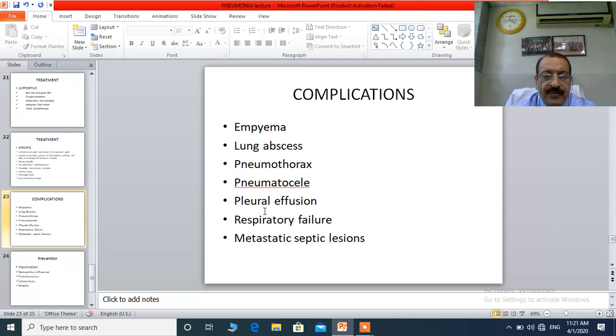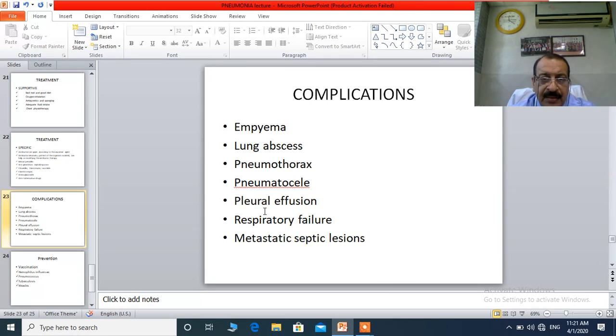Now, this is another frequently asked question in the examination: what are the complications of pneumonia? So the important complications of pneumonia are empyema, that is the accumulation of pus in the pleural space.